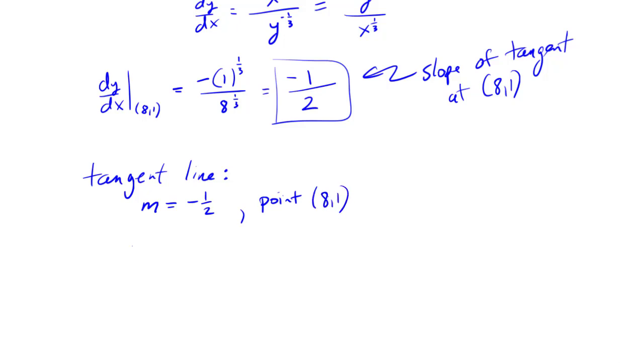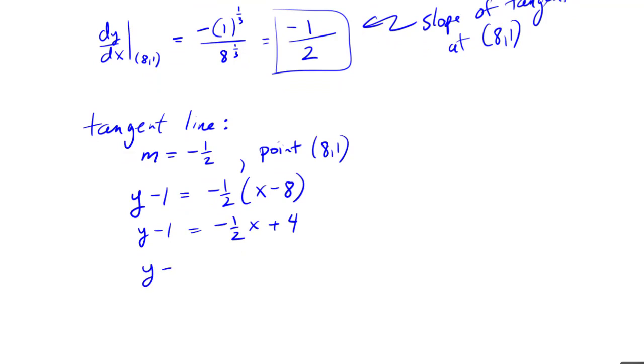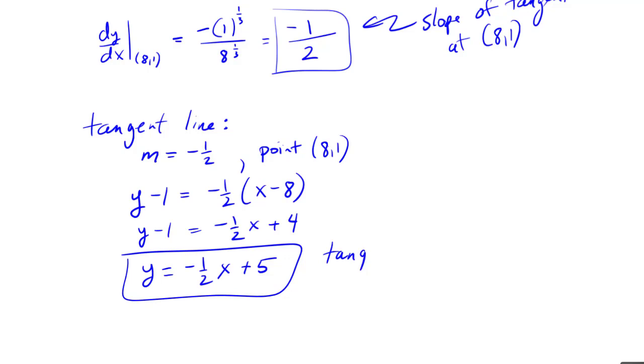So I'll use point-slope. y minus 1 is negative 1/2 times (x minus 8). y minus 1 is negative 1/2 x plus 4, giving me y equals minus 1/2 x plus 5. And there is the tangent line to the curve at the point (8, 1).